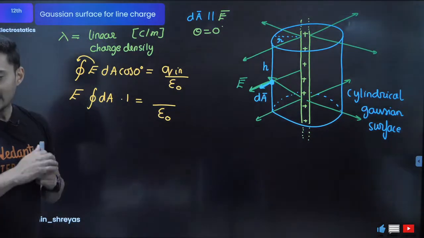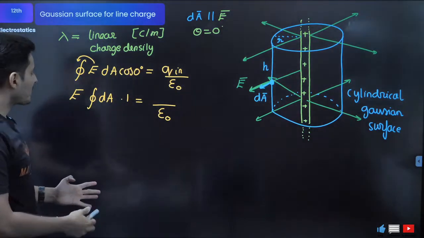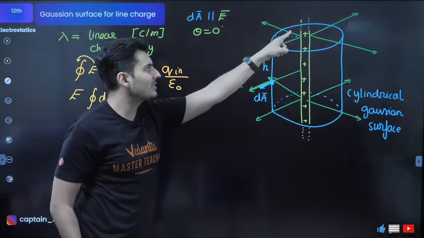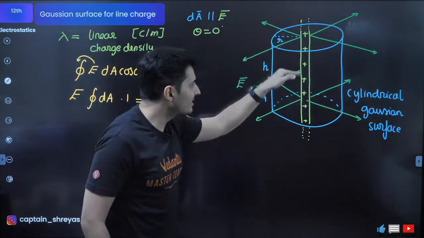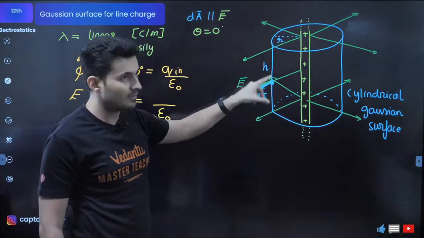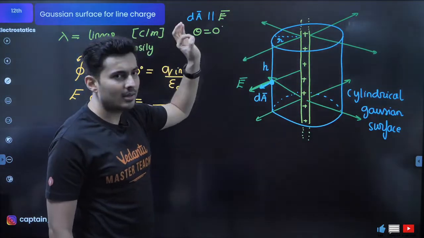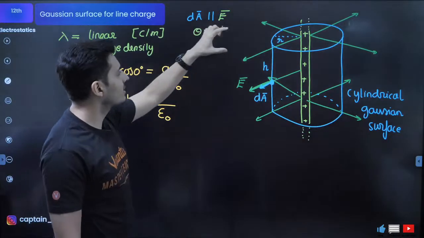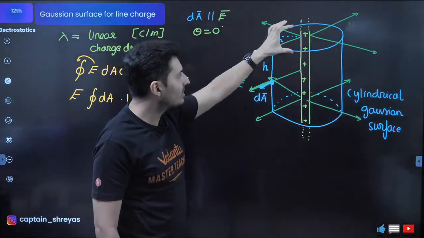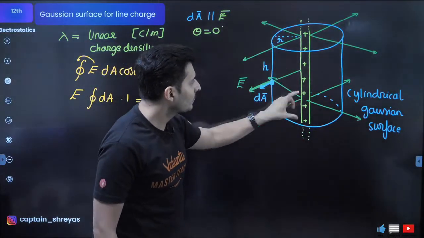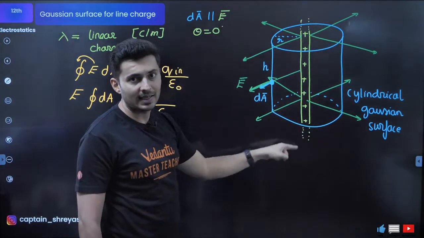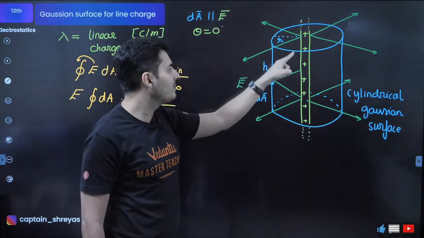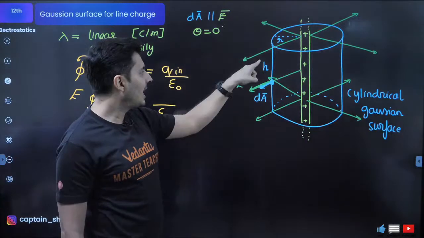Great. Now, what is the charge which is there inside? The charge inside the Gaussian surface, that's the cylinder, I can find using this concept. Lambda is the linear charge density. That's how many coulombs there are per meter. How many meters of that wire are there inside the cylinder? h meters.